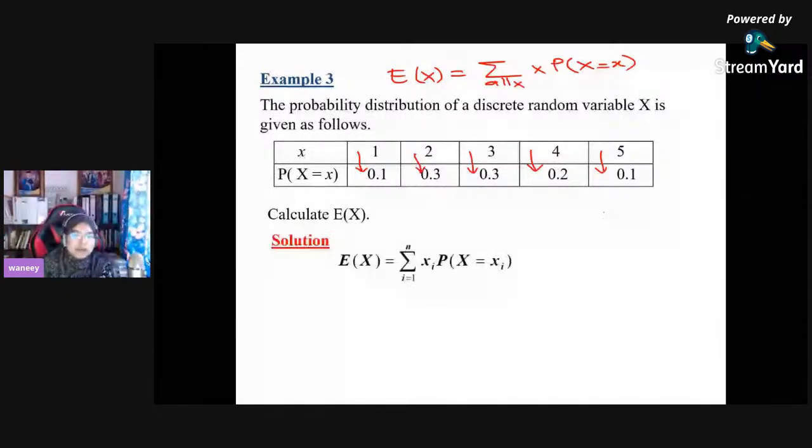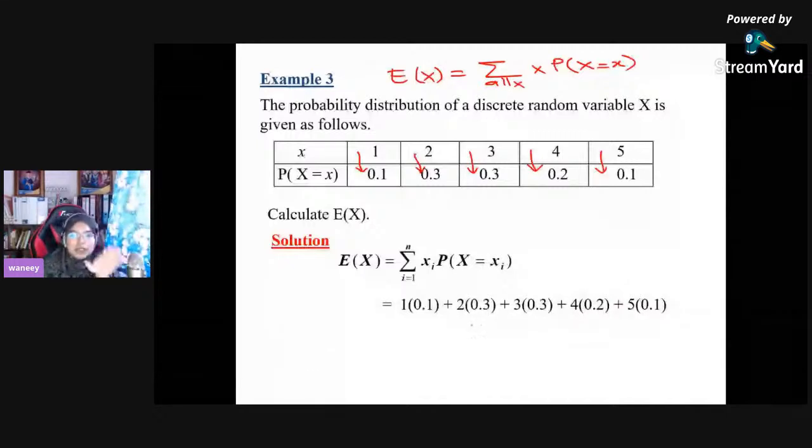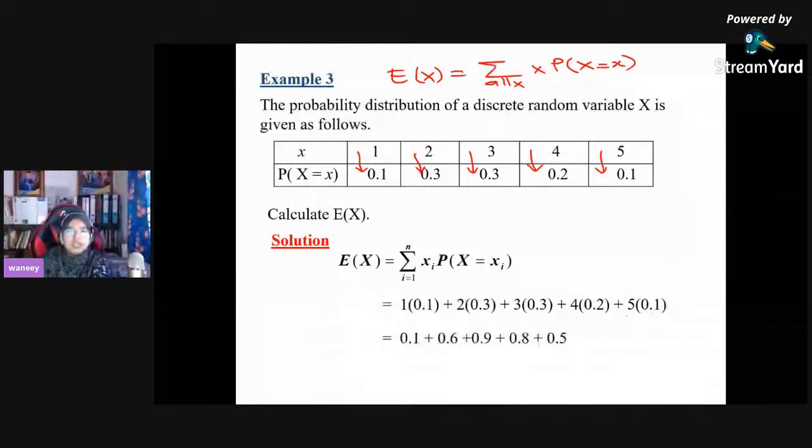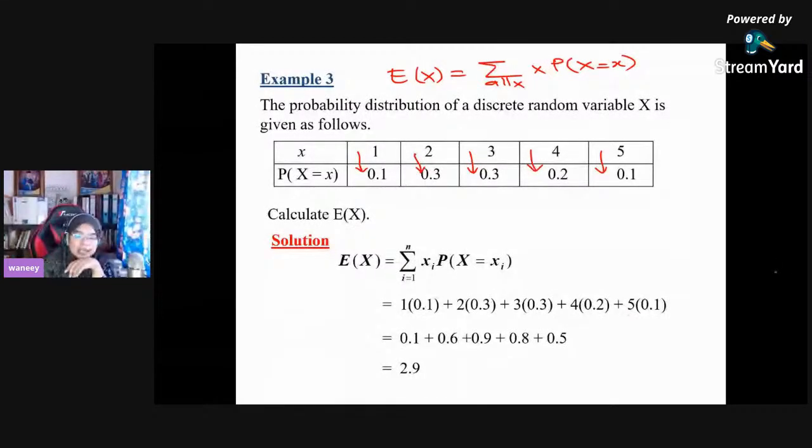Of course you use your calculator: 0.1, 0.6, 0.9, 0.8, 0.5, add everything together. So that will be equal to 2.9. That is the expectation of X.